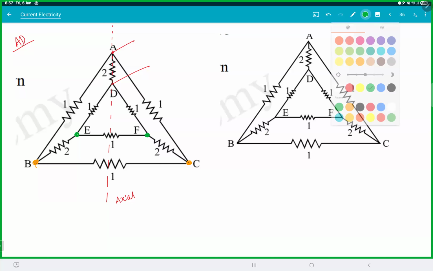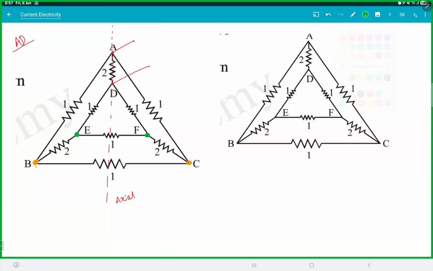So if they have same potentials, that means I can remove the resistor between them. E and F have same potential. B and C have same potential. That means I can remove this guy in the middle.